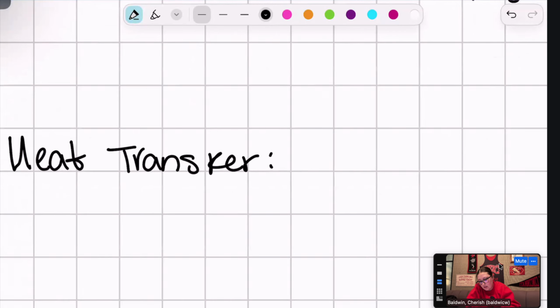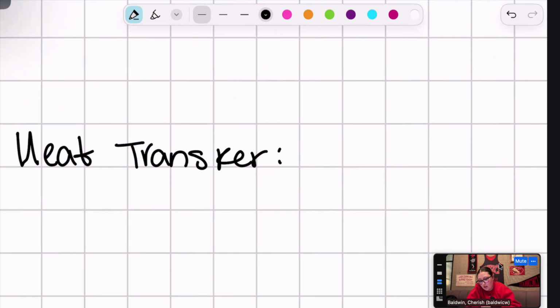And then heat transfer, which is known as Fourier's law.